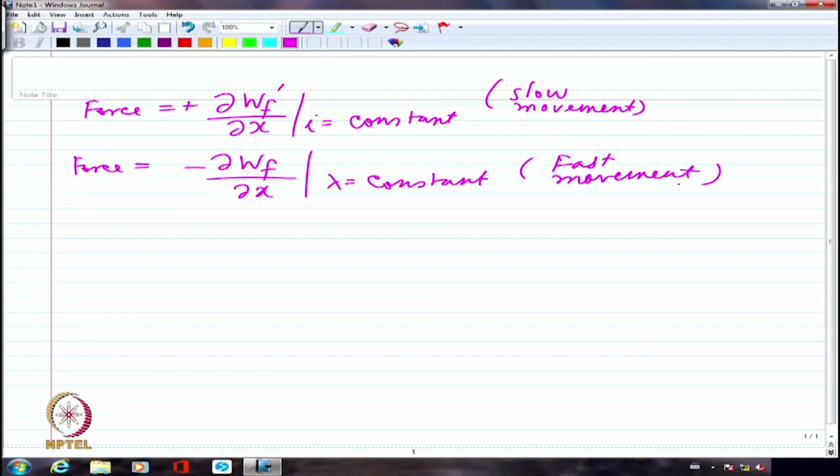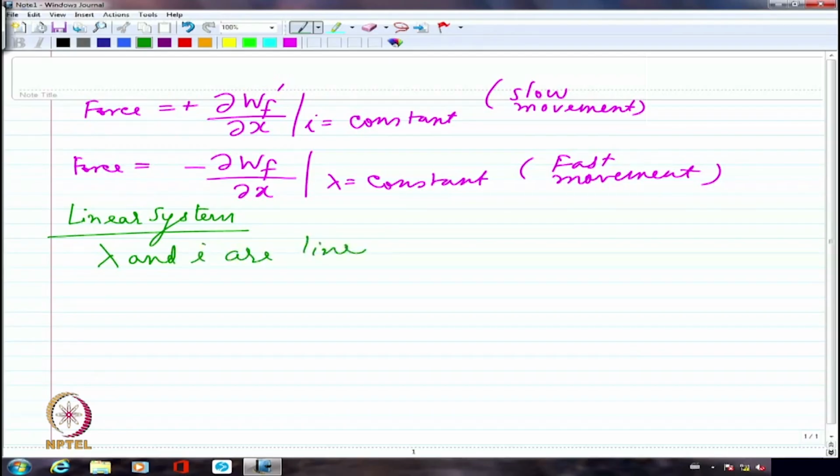Right? And then we just started talking about what is a linear system, and that's where we had stopped the class in the last session. So if we are looking at a linear system, what we are trying to imply by saying it's a linear system is lambda and I are linearly related.